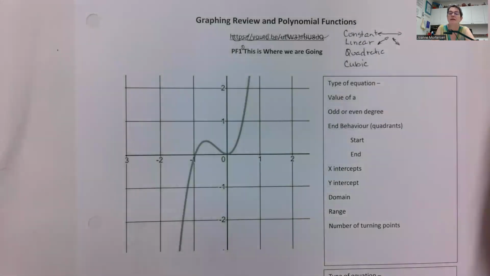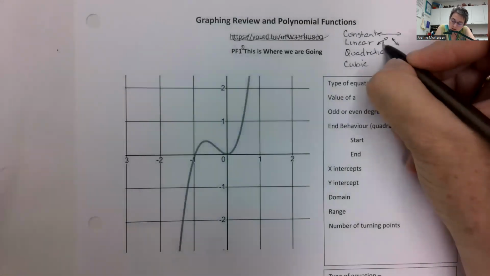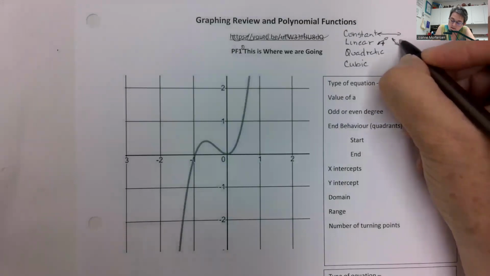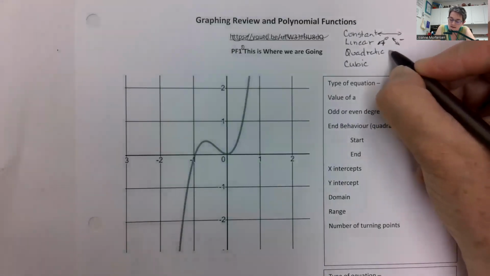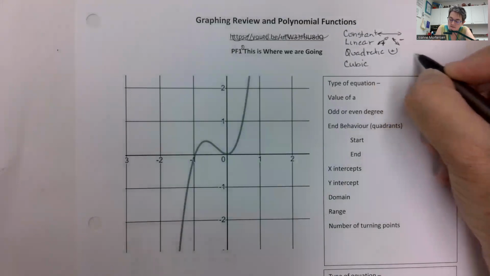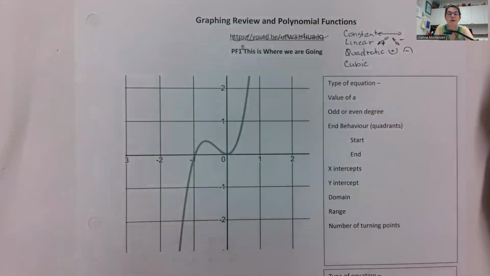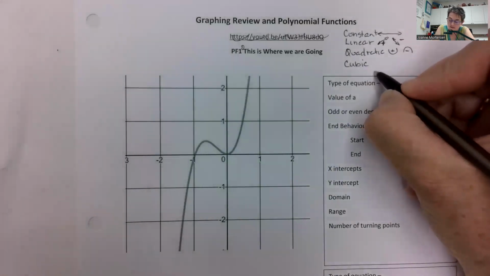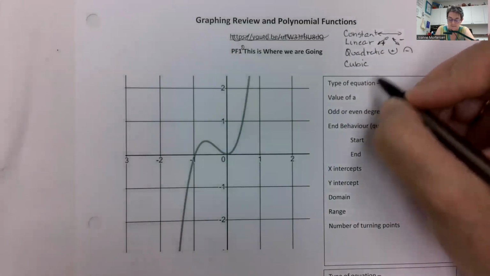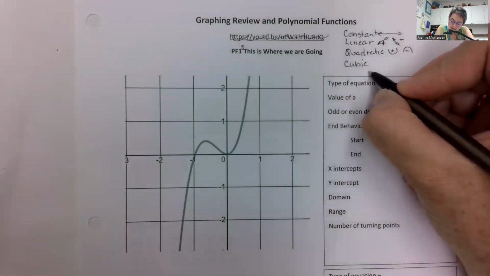A quadratic, oh, wait a minute. I can even make this better. This is when A is positive, this is when A is negative. Quadratic is going to be a smile if A is positive and a frown if it's negative, which pretty much leaves us cubic. So cubic equations generally look like that.